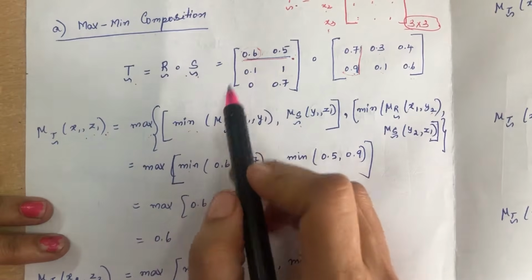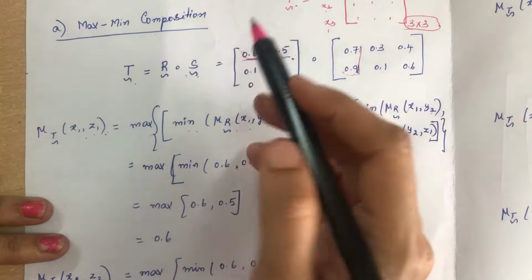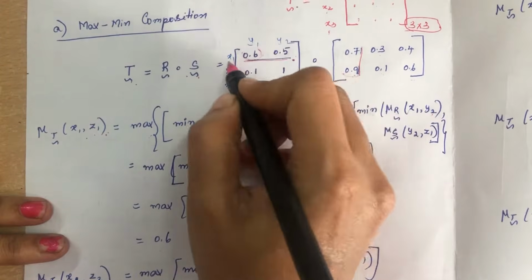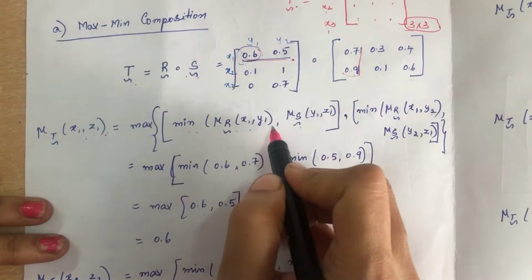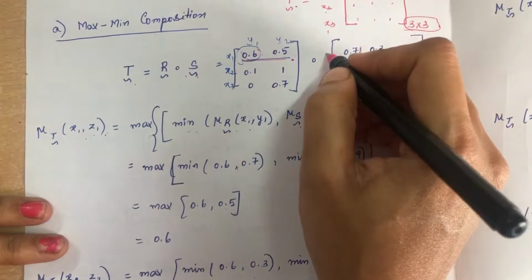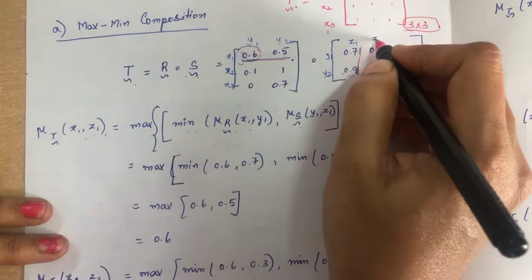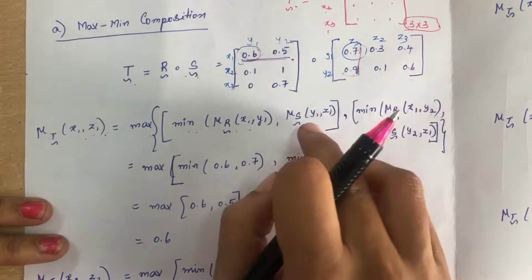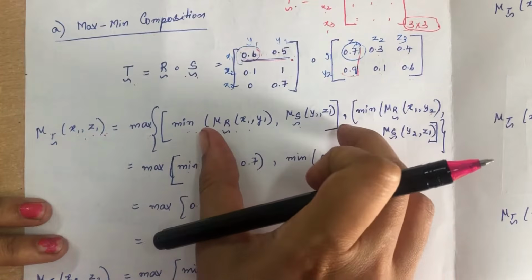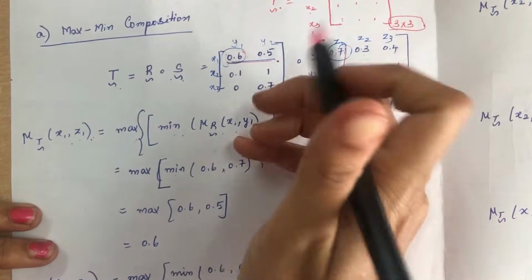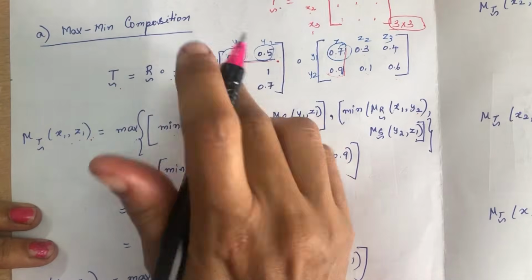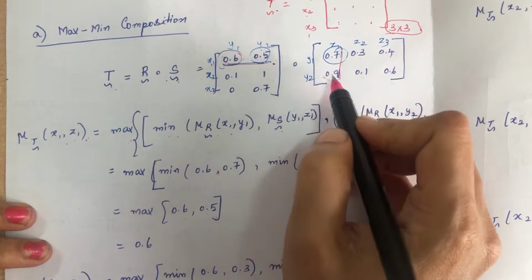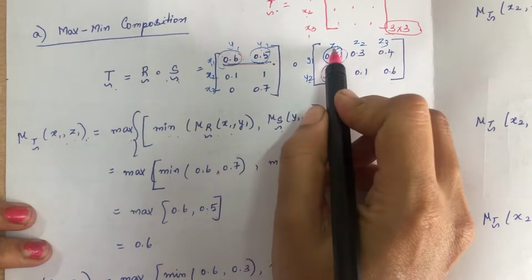First, the max of the minimum of the membership values. This is x1, x2, x3 and this is y1, y2, so it is the membership value of x1, y1. This is y1, y2 and this is z1, z2, z3, so the other is the membership value of S of y1, z1. We find the minimum of these, and then the minimum of x1, y2 and y2, z1.